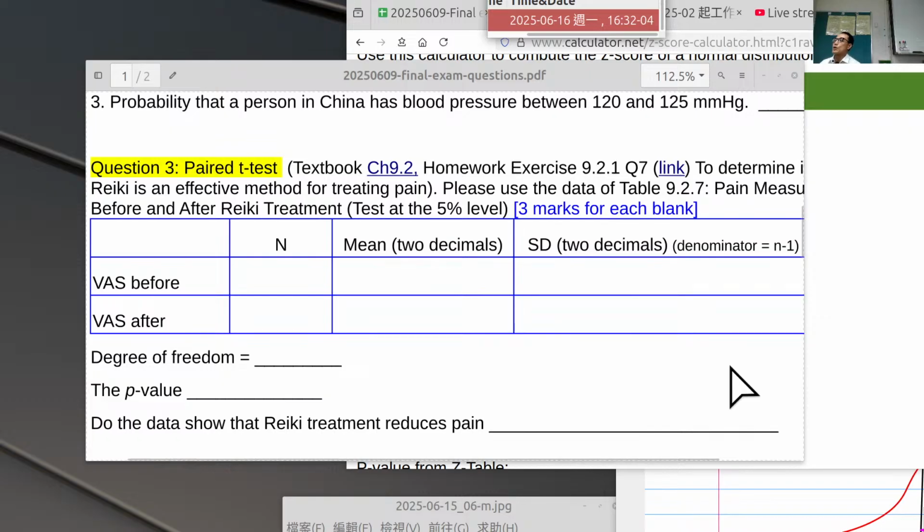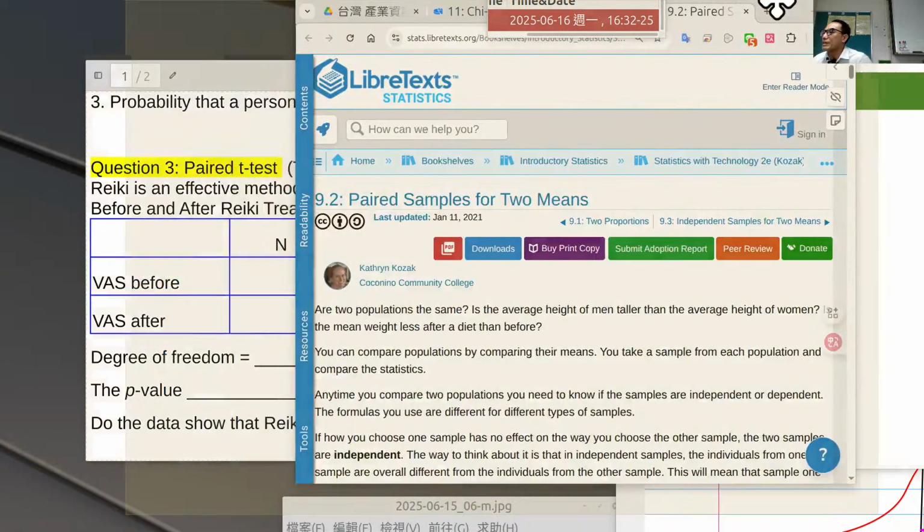Here, question number 3, paired t-test. Sure, if you use the website, you can get it very quickly. And let's move to question number 7.